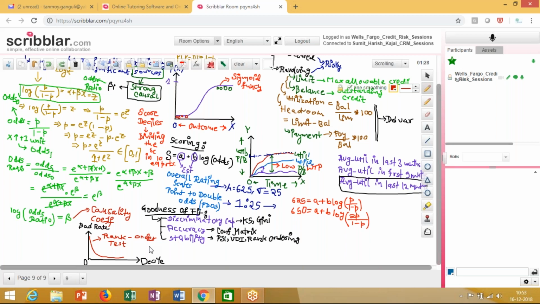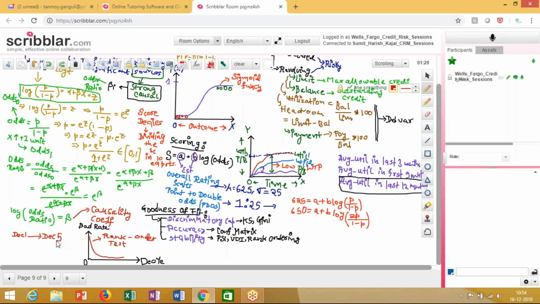Once this rank ordering test is done, then we gradually start moving to assess the next stages. Because if you see that your model is not rank ordering, you know that there is a problem. When I write decile 1, and I move from decile 1 to decile 5, I should see that the score in decile 5 is higher than in decile 1.